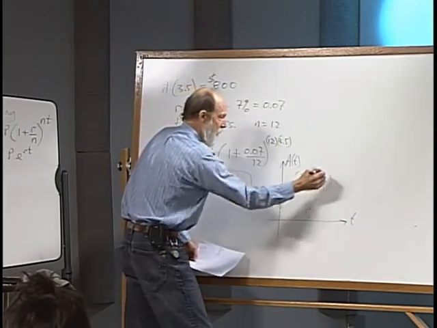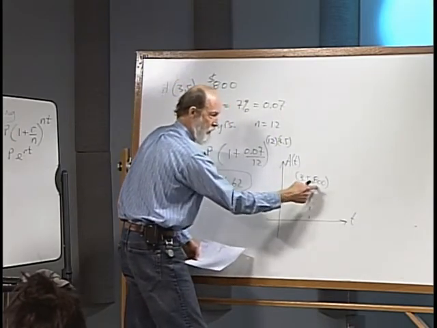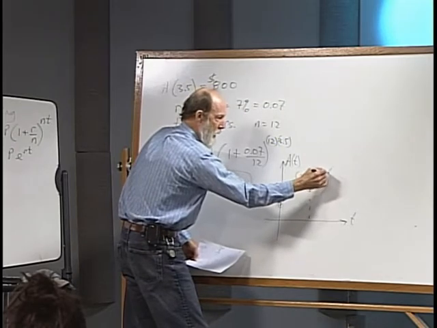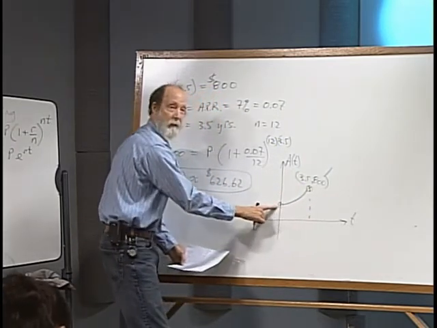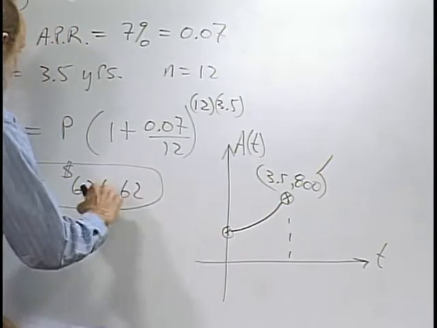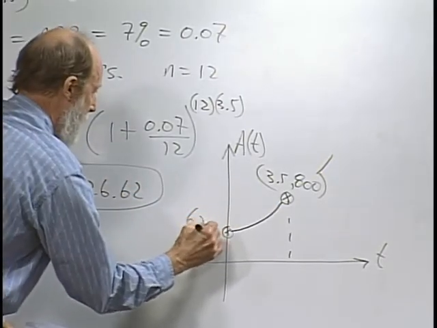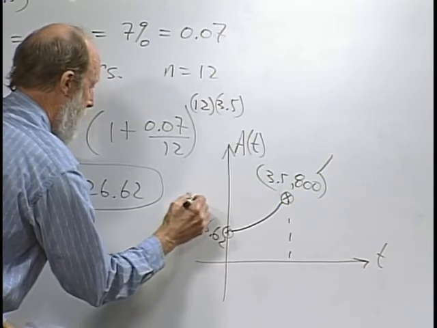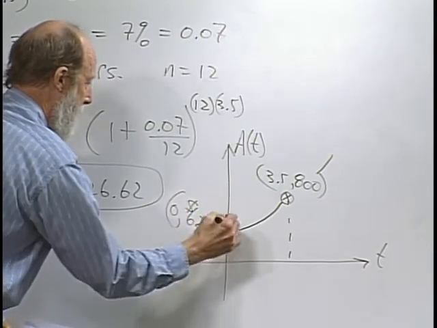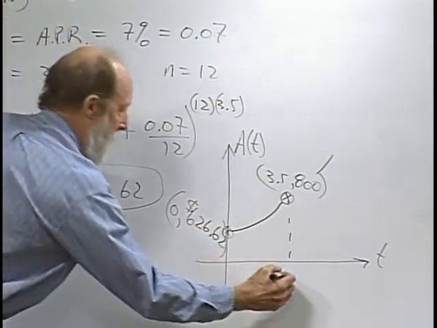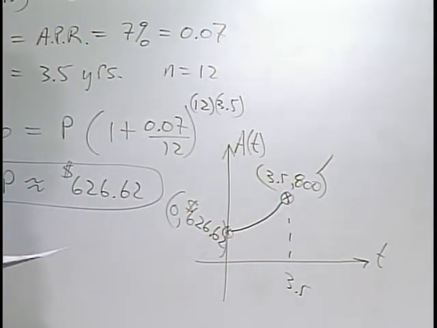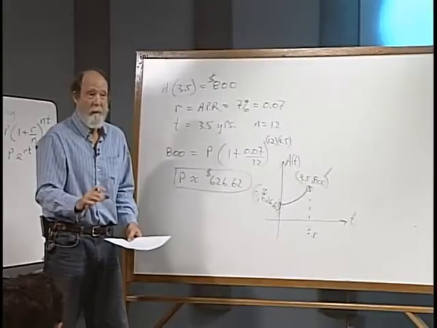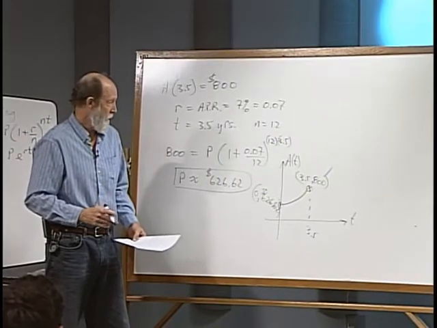So what we did essentially is we built a model, given this data point, that figured out what this initial value was, which turned out to be 626.62 at time 0. So that in 3.5 years you end up with the 800. So that was the problem we tackled during the last session.